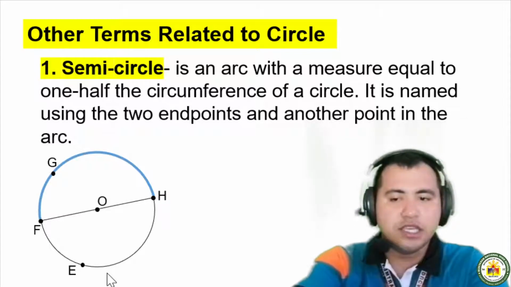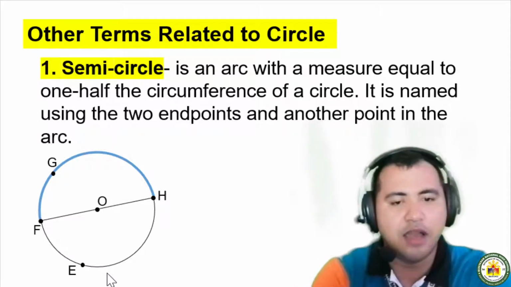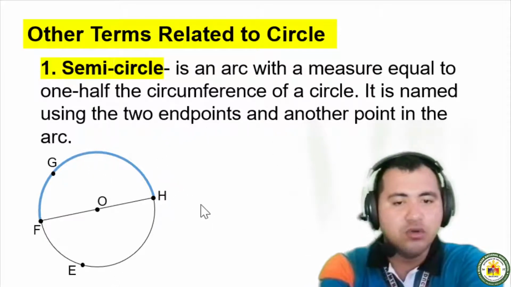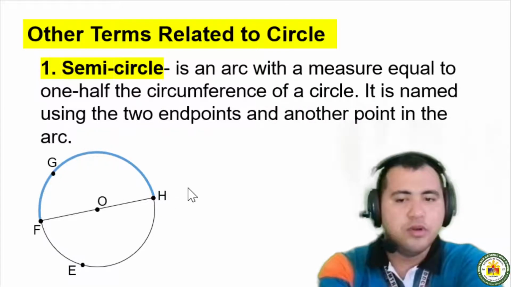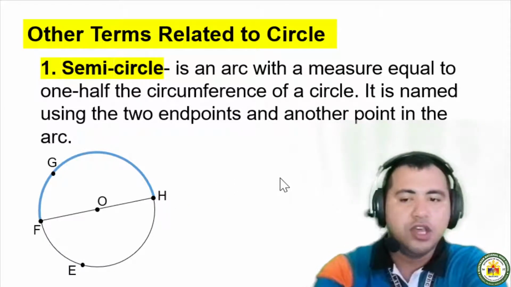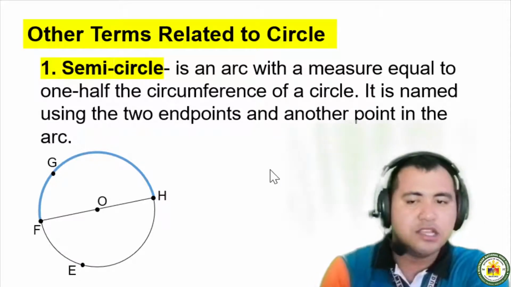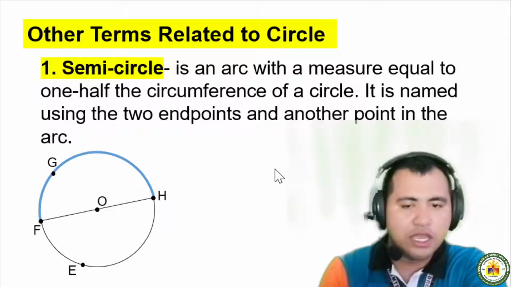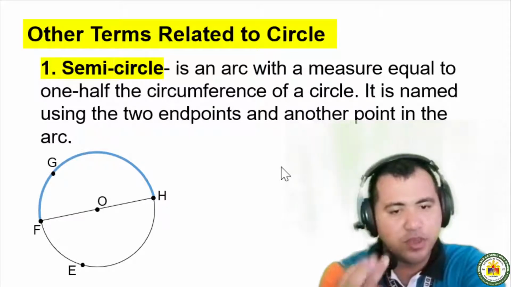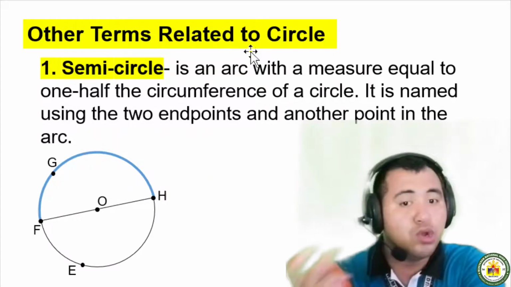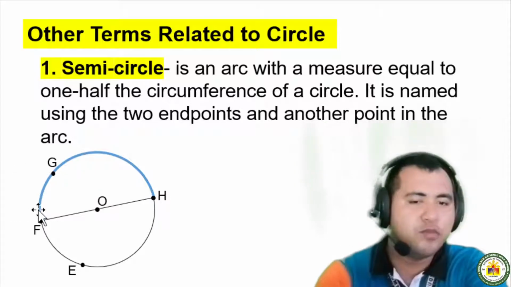Now, it is named using the two endpoints. Nganlan siya gamit ang duha ka endpoints sa atong arc. So ang atong endpoints is F and H. Kay tulo man ang letters, duha kuhaon nato sa mga endpoints, ang other point kuhaon nato sa kanang maagian nato nga point.